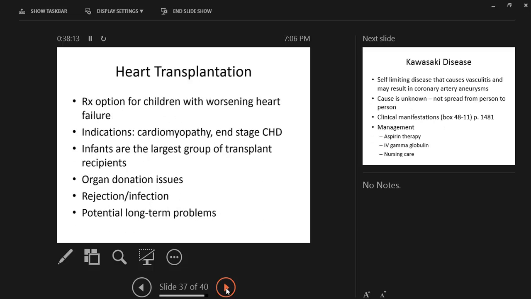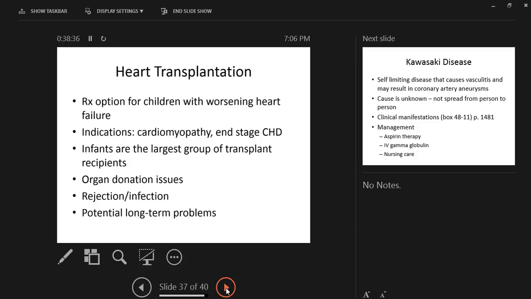Heart transplantation: cardiomyopathy with ventricular defects are very often the ones that end up with heart transplants, and it is an option for kids with worsening heart failure. Infants are the largest group of transplant recipients, and there's a grid they put them on, and the child who needs it the most is the first one to get it.